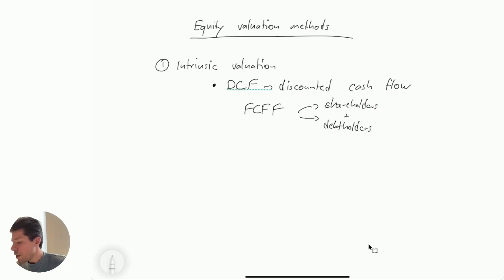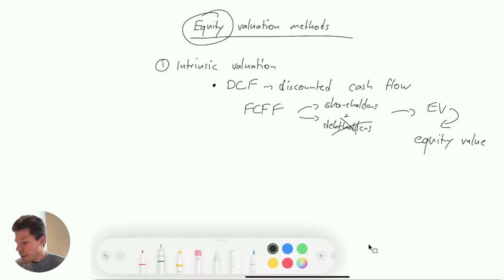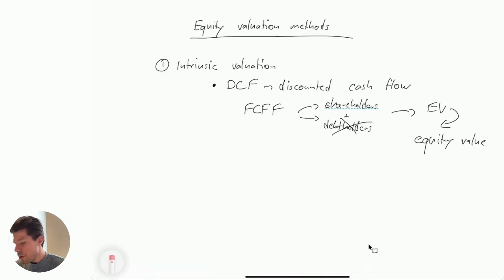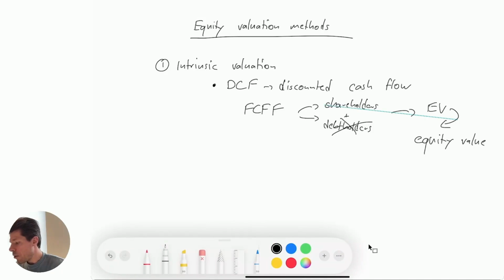So we basically calculate an enterprise value, and then based on the enterprise value, we calculate our equity value. We basically deduct net debt, because we talk about equity valuations, we are concerned about the equity value and the value for shareholders.